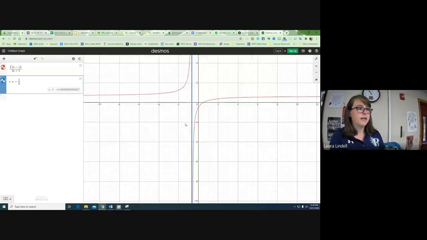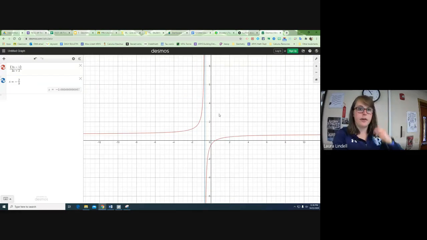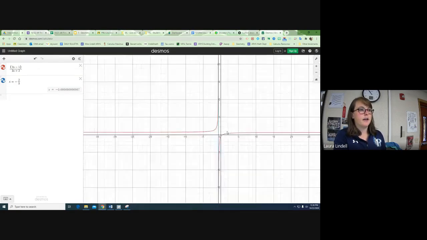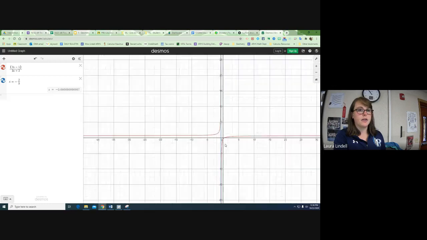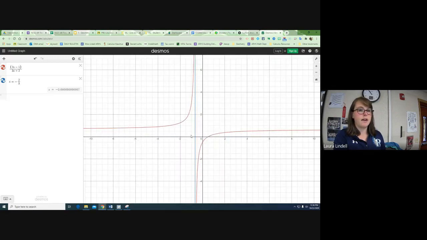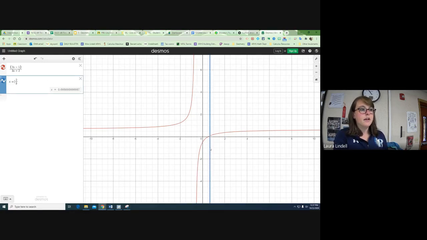You can always check that it's a reasonable assumption that this is the asymptote by plotting the asymptote and plotting the function and seeing what it looks like. Does it look like it's actually approaching that value as an asymptote? Because if I solved it wrong and accidentally got positive 2/3 or something and I plotted it, you can clearly see that this is not an asymptote for the function.